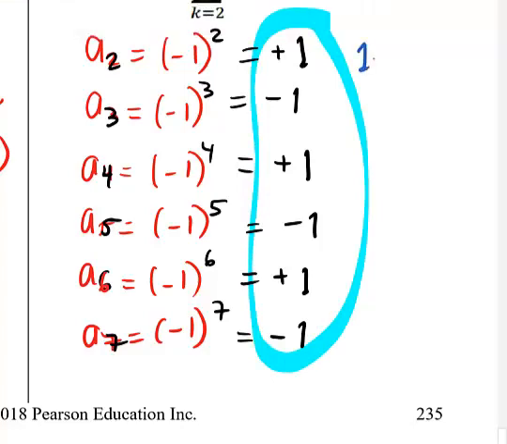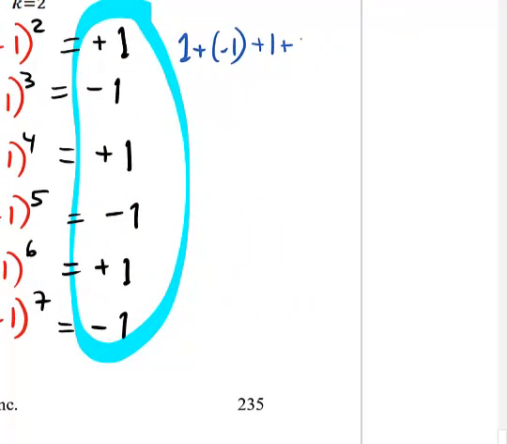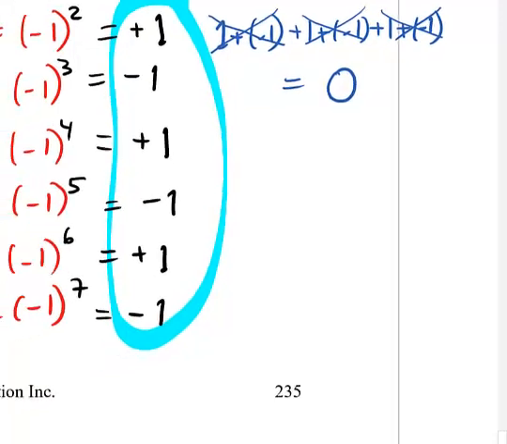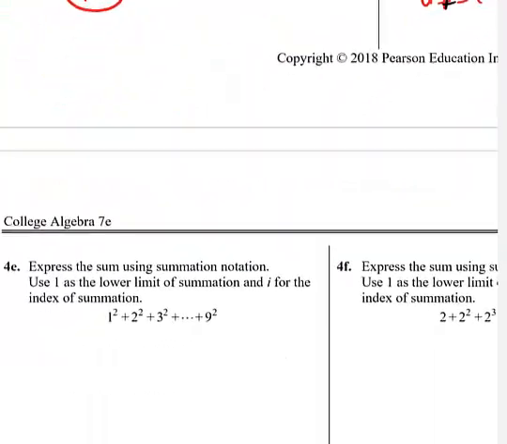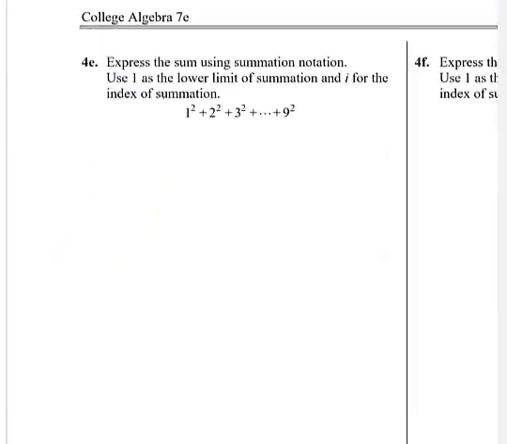It's 1 plus -1 plus 1 plus -1 plus 1 plus -1. Here these guys add up to 0, these add up to 0, these add up to 0. So your answer for this is going to be 0, which is kind of interesting. Those last two are kind of too strange for me to feel like I did it right, I guess.